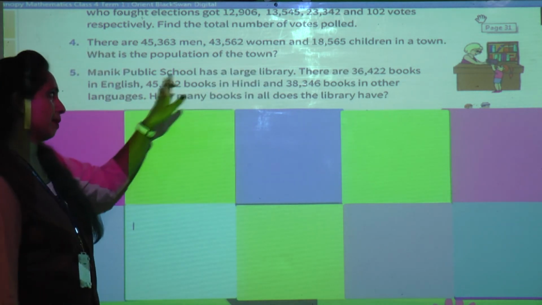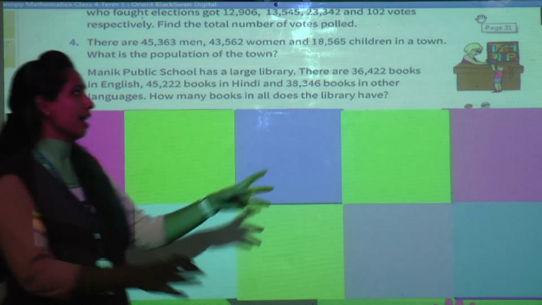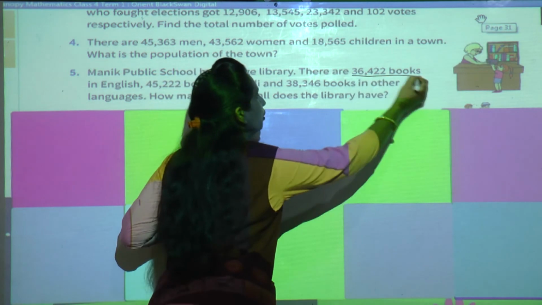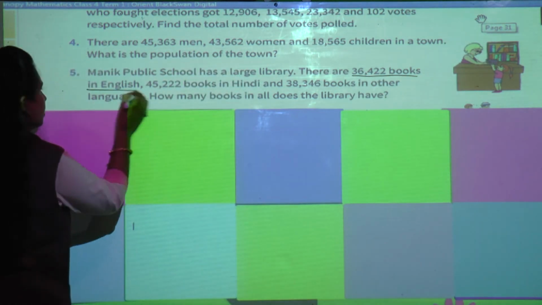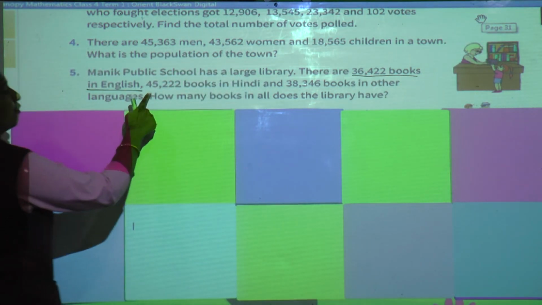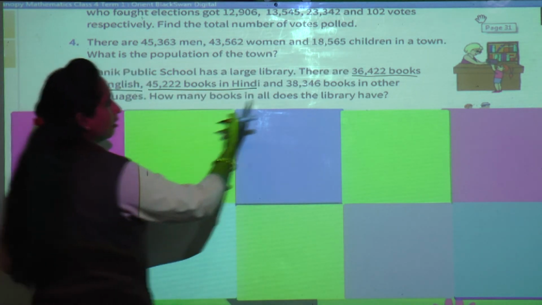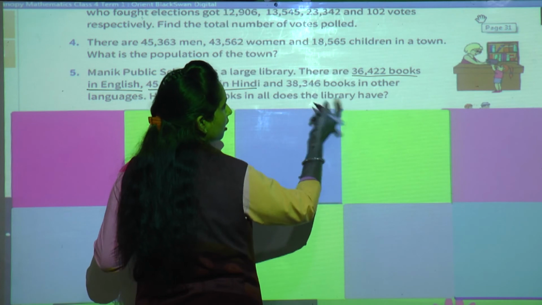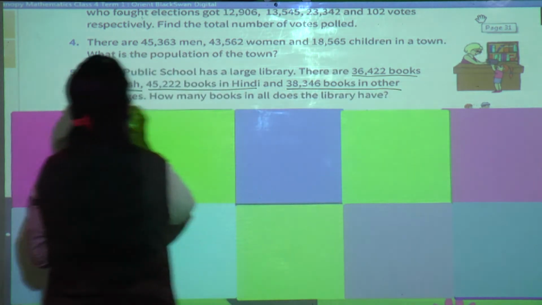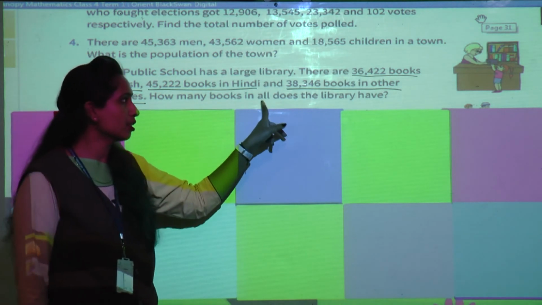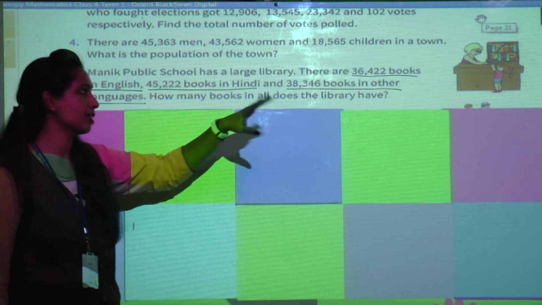Which school? Manik Public School. They have a very large library. There are 36,422 books in English, and 45,222 books in Hindi, and 38,346 books in other languages. Okay. So how many books in all does the library have?